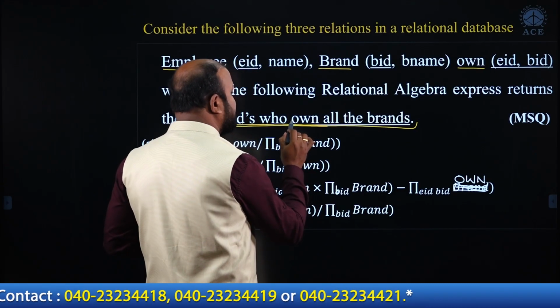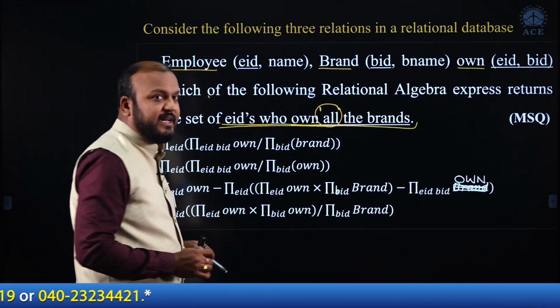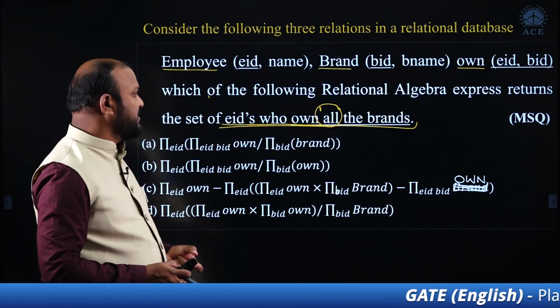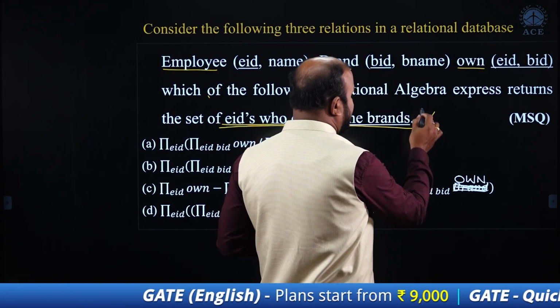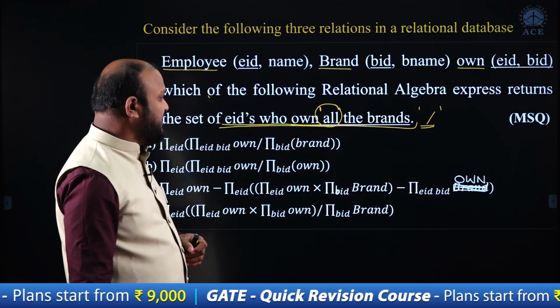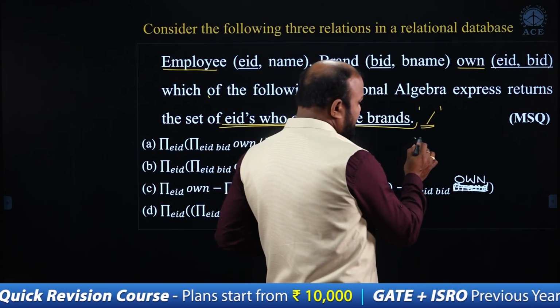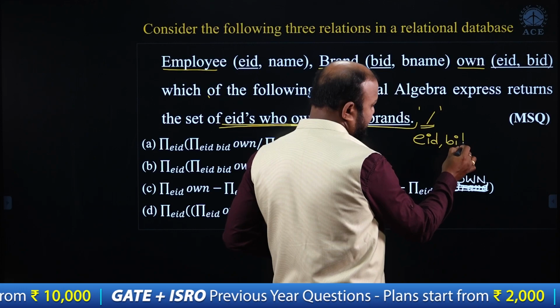Set of EIDs who own all the brands. Here we have to compare one with all values of another relation. In algebra, we represent this using a division operator. Now, what will the division operator do? Let us take an example. We have employee ID, brand ID.